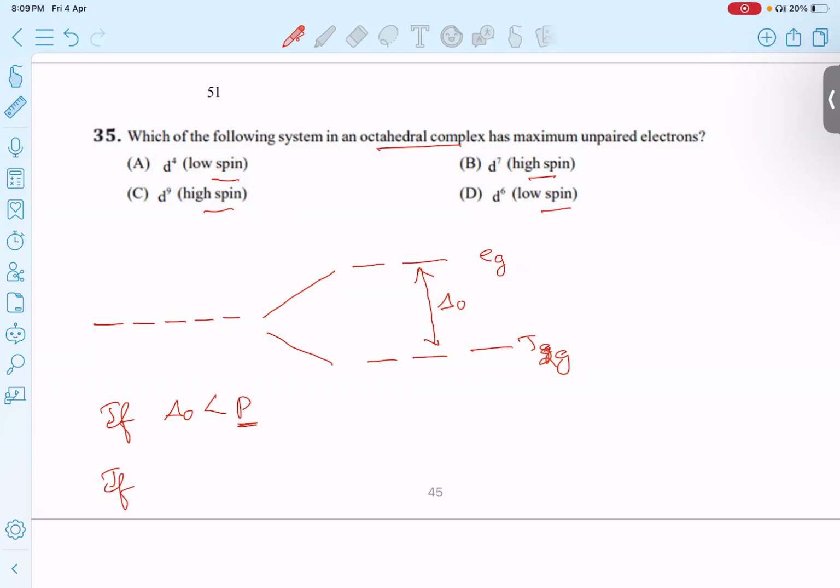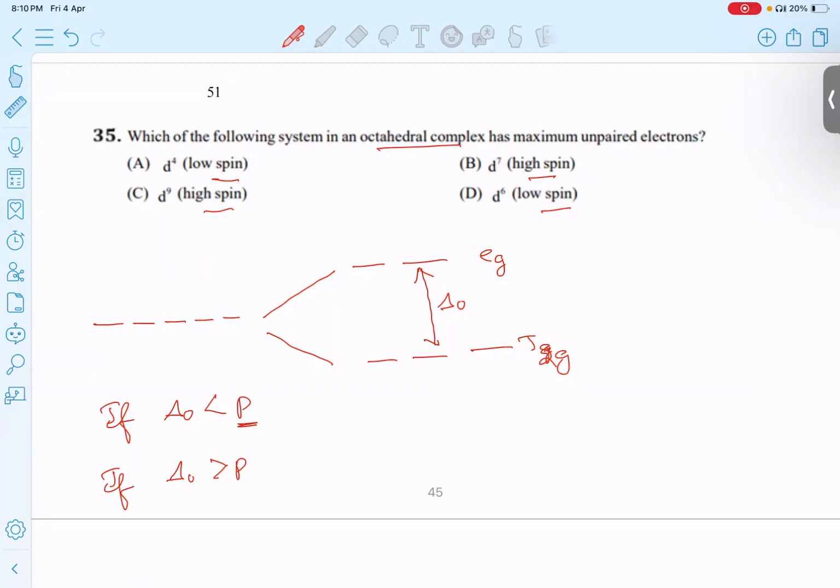If delta naught is greater than P, the crystal field stabilization energy is greater than the pairing energy, so electrons pair in the t2g orbitals before going to fill the eg orbitals.